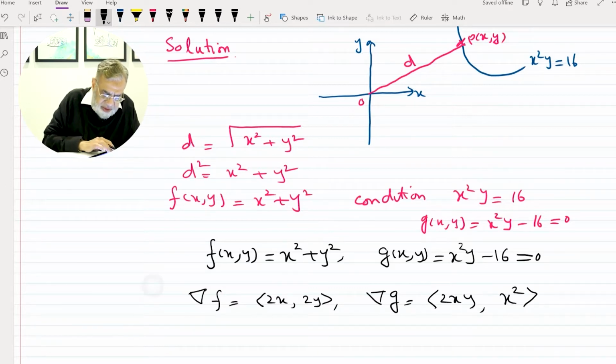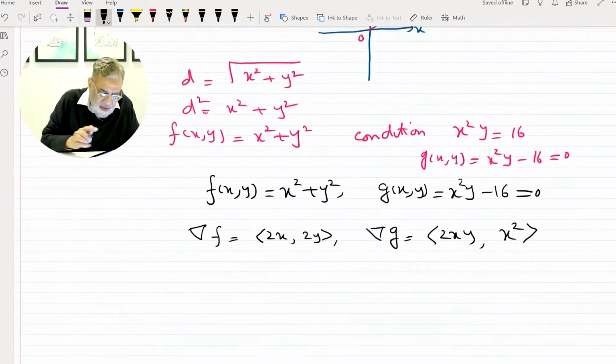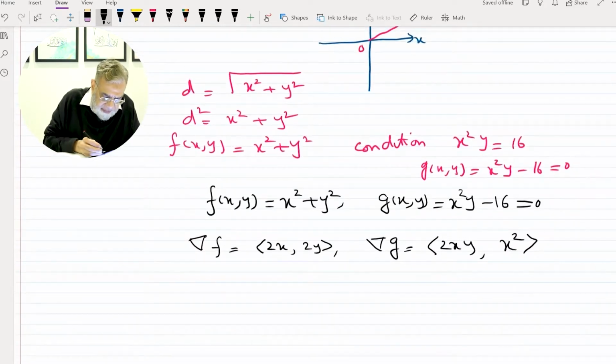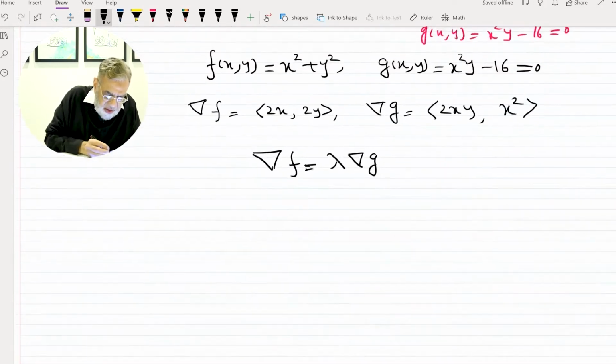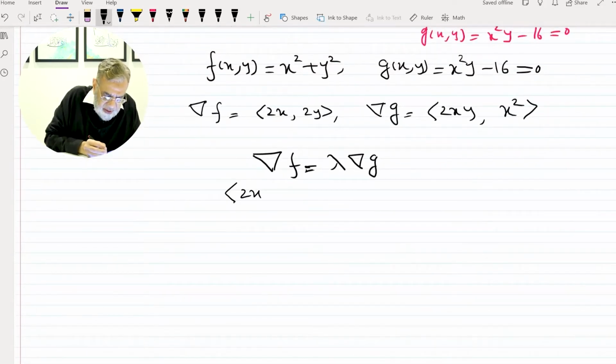So I use the Lagrange multiplier equation: gradient of f is equal to lambda times gradient of g. That gives me 2x, 2y equal to lambda times 2xy, x squared.